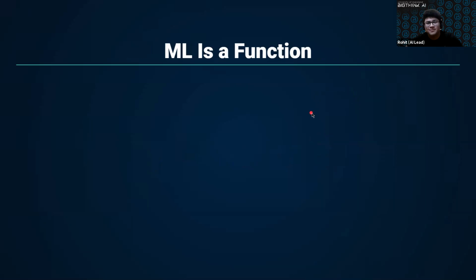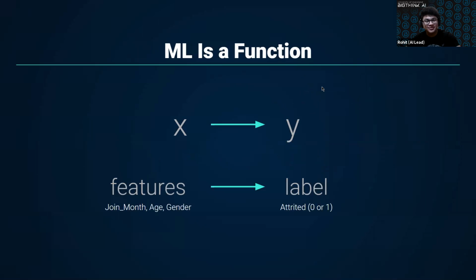All right. So if you think about it, machine learning itself is a function, even though it's much more complex than that, where you have an input and you're trying to figure out the output, and trying to figure out why the output is what it is. That's really the overall goal of ML. This is just another name for feature and label. We call it X and Y when we actually take it into the machine learning process.